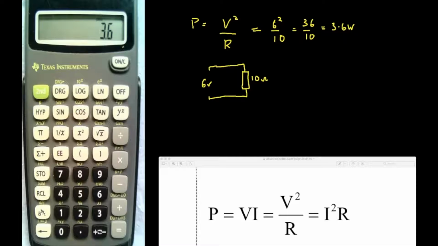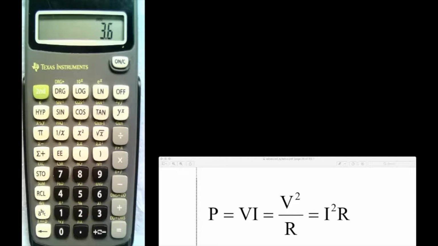Let's do another one, but using I squared R. P is equal to I squared R. And we would use this where we know the current and the resistance, but we don't know the voltage. Here we have the resistance.